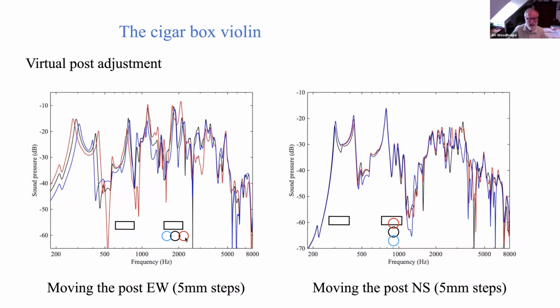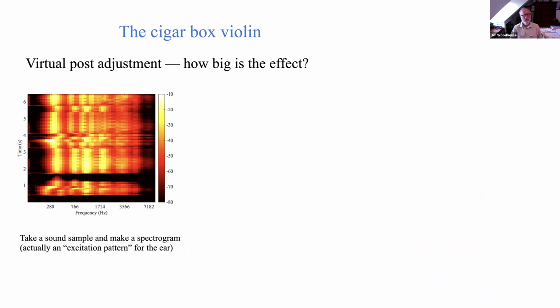So we can do the convolution trick that I just demonstrated in that sound example earlier. We take a piece of real violin playing and run it through our model with the post in the 2 different positions.